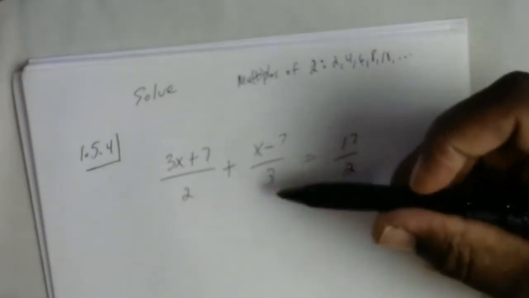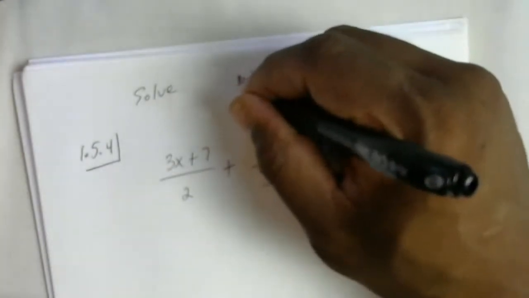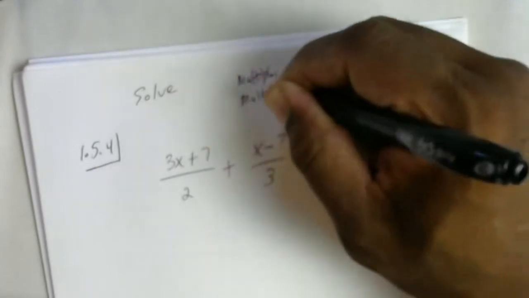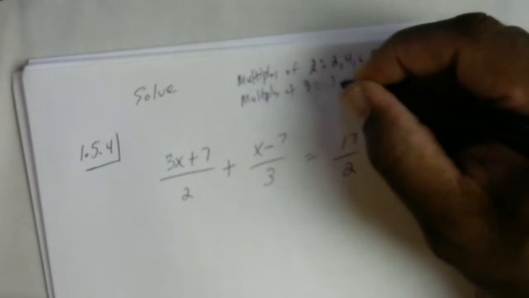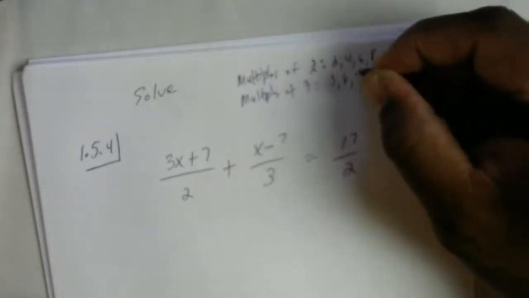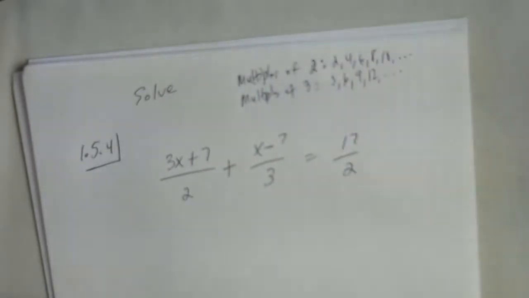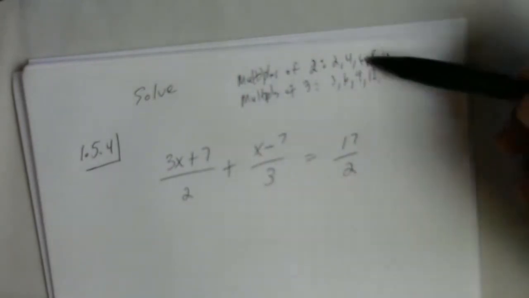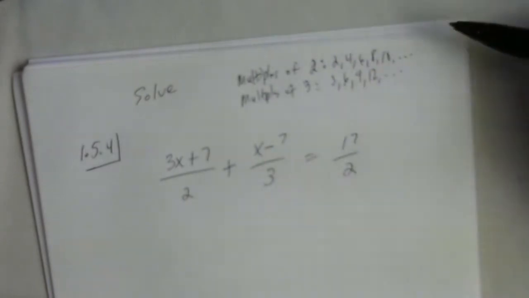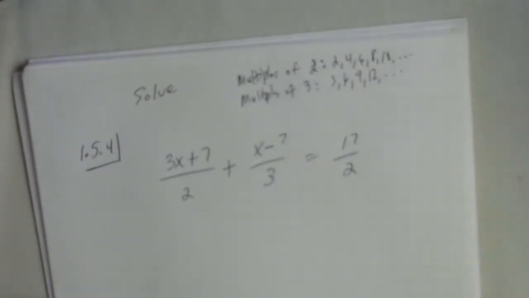My next denominator is 3, so I'm going to find all the multiples of 3. So the multiples of 3 are 3, 6, 9, 12, keep on going. So the only thing I'm doing is I'm taking my number, I'm multiplying it by 1, by 2, by 3, by 4, so on and so forth.